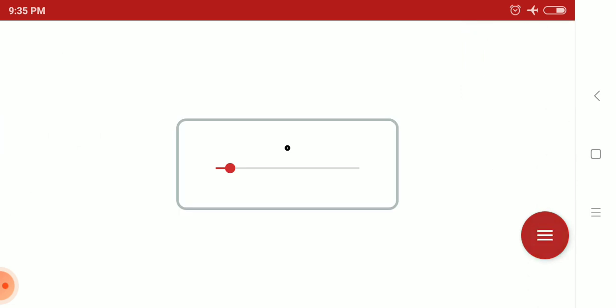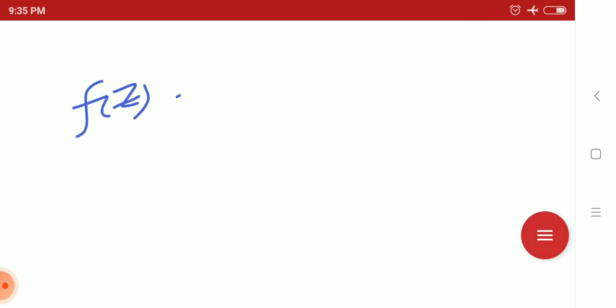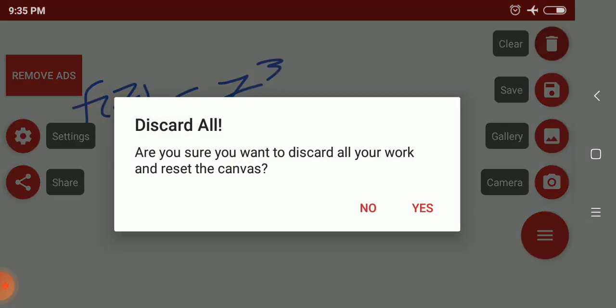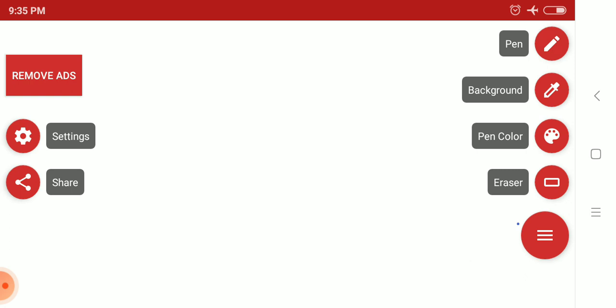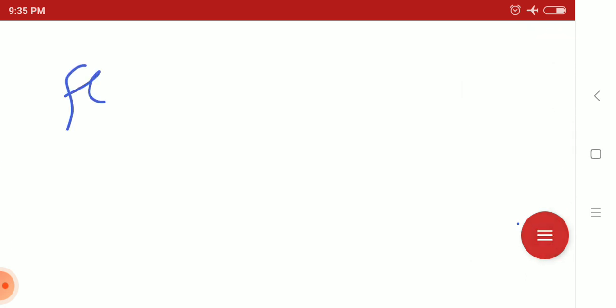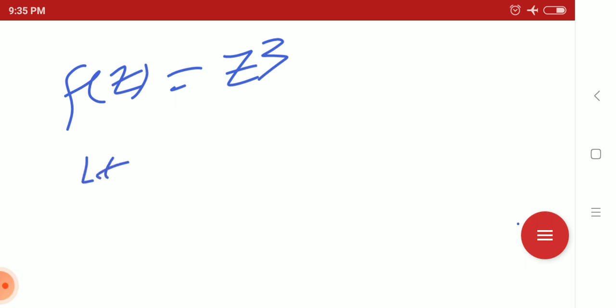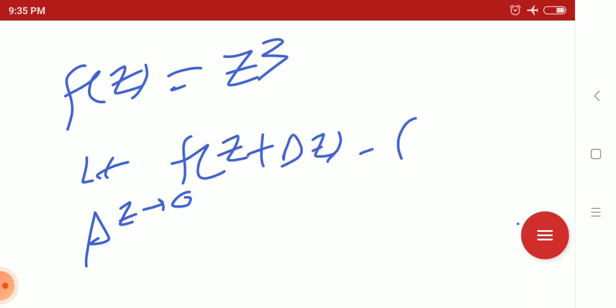Let's take an example. Suppose we have the function f of z equals z cube. How can we say that it will be differentiable in nature? So let's start. f of z is z cube. Limit delta z tends to 0, always remember delta z tends to 0, f of z plus delta z minus f of z divided by delta z.